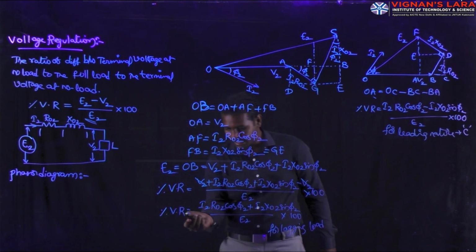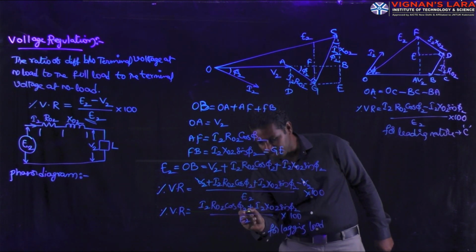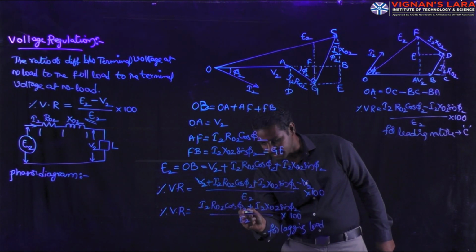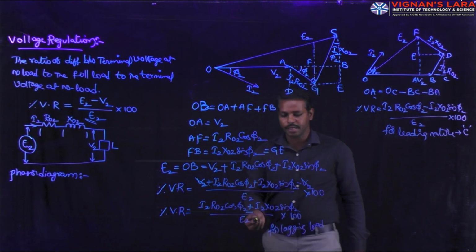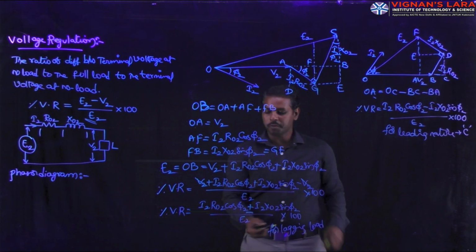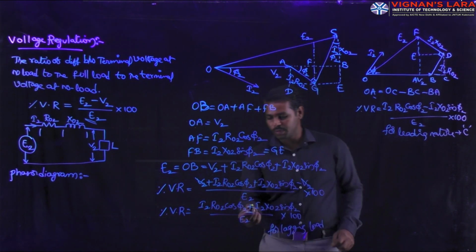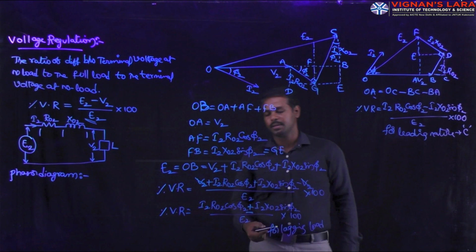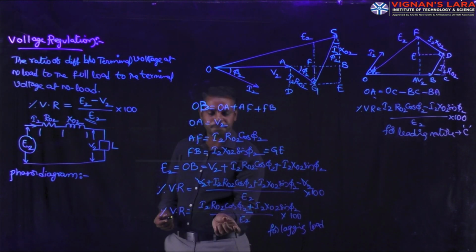The voltage regulation is simplified into I2 R02 cos phi 2 plus or minus I2 X02 sin phi 2 by E2, into 100, for any type of load, either lagging or leading. We consider plus or minus. So this is the voltage regulation of a transformer.